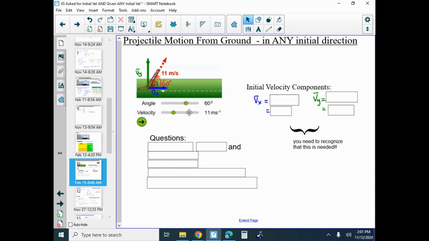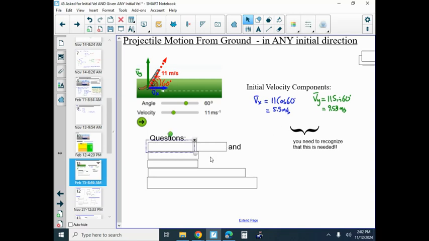So 11 times cos of 60 gives us the horizontal component, and 11 times sine of 60 gives us the vertical component of the velocities. You need to recognize that you have to analyze that, right? You can't just work with 11. You have to work with the 5.5 for the horizontal stuff and the 9.53 for the vertical stuff.